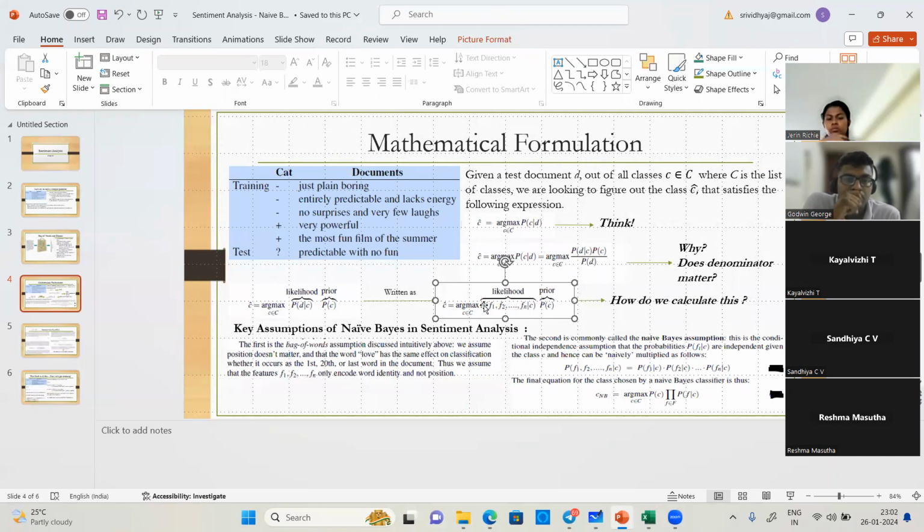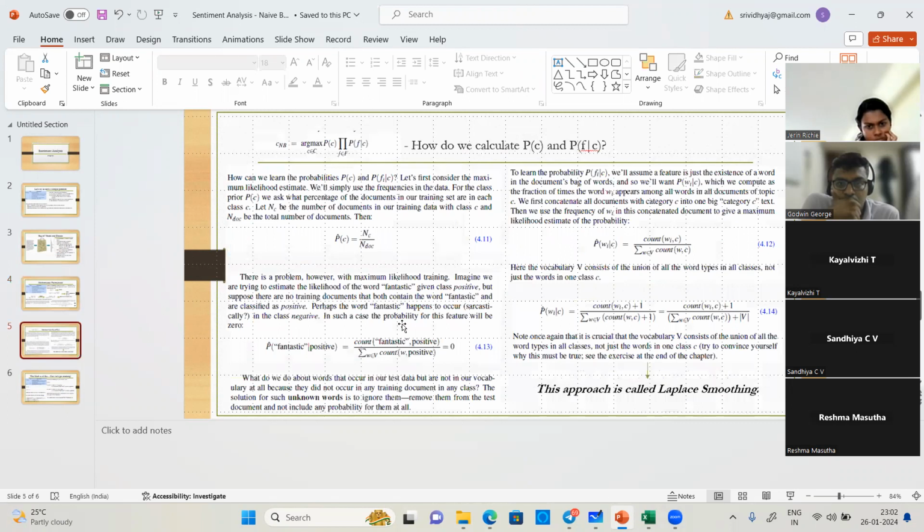I've figured out that P of F1, F2, all the way up to Fn given C is nothing but this nice looking expression where I multiply all these probabilities. So that's already settled. But the question is, how do I figure out P of F1 given C, F2 given C, Fn given C? How do I even figure it out? That's where we're going to do some very interesting stuff. You're not going to understand this so easily, so let me come up with an example. Okay, so let's do an example.